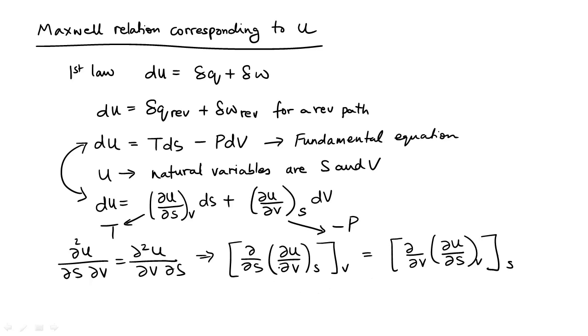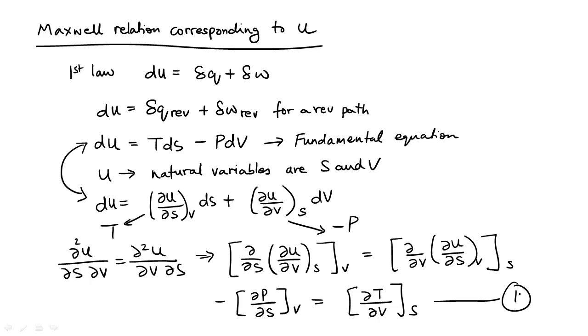And now substituting for del U by del V at constant S as minus P, and for del U by del S at constant volume as T, we get minus del P by del S at constant V is equal to del T by del V at constant S. And this is our first Maxwell relation.